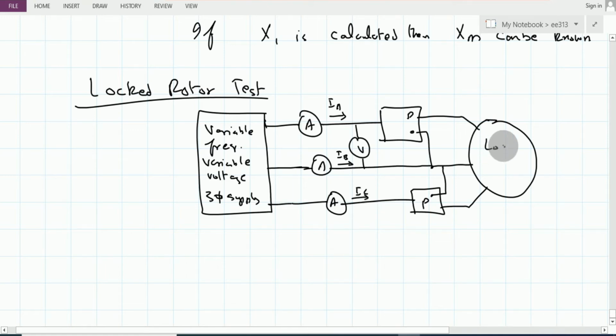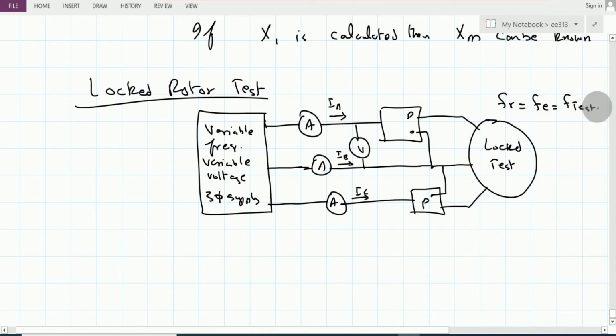In a locked rotor test, the rotor is locked so that it cannot move, and therefore the slip is equal to 1. With the slip equal to 1, we have the rotor frequency equal to the electrical frequency which is supplied here, and that is equal to the test frequency here.